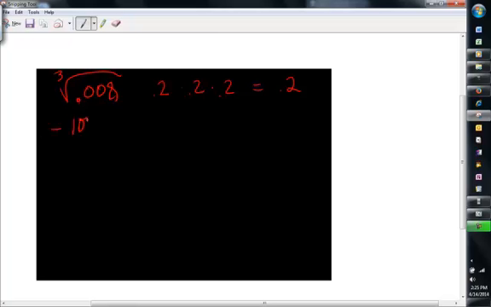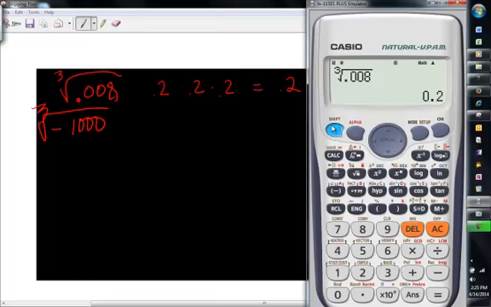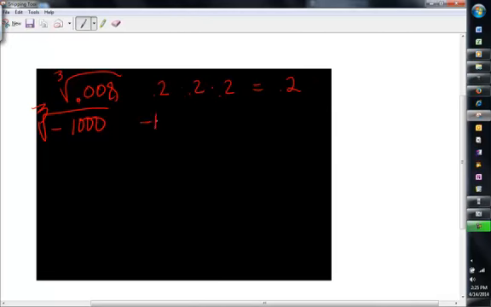Negative 1,000 cube root. So on our calculator, we could press the cube root of negative 1,000 is negative 10, because negative 10 times negative 10 times negative 10 is negative 1,000.